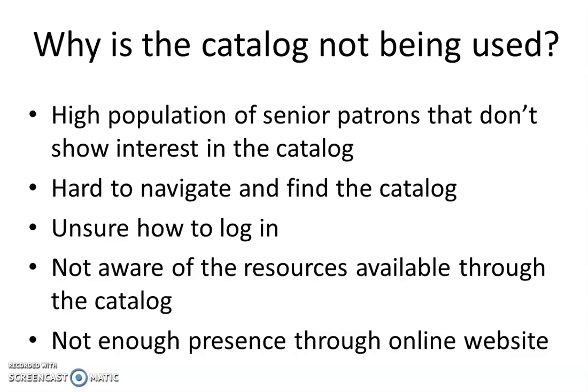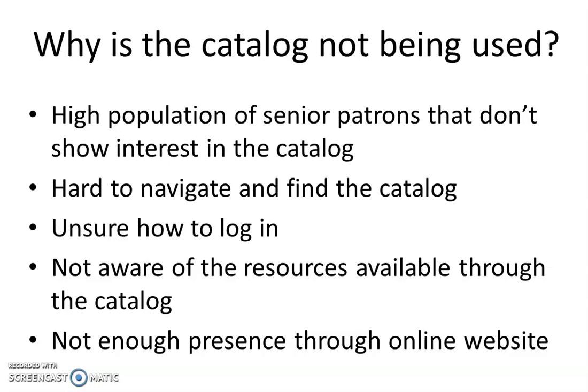So at the Charleston Library Society, we've discovered that there is a high population of senior patrons that don't show interest in the catalog. The general feedback that I've received through conversations and questionnaires with our patrons as well as colleagues seems that it is hard to navigate, and they often don't even know how to find the online catalog.